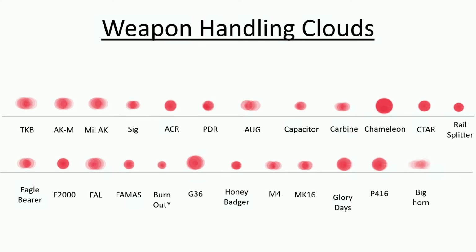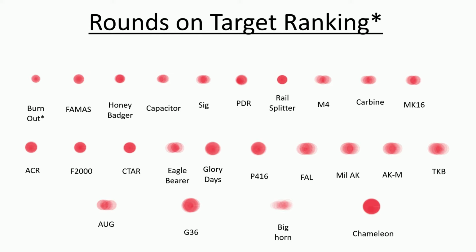And when I ranked them according to accuracy rounds on targets, I was shocked. This was the ranking, left to right, top to bottom. And number 2 was the FAMAS.